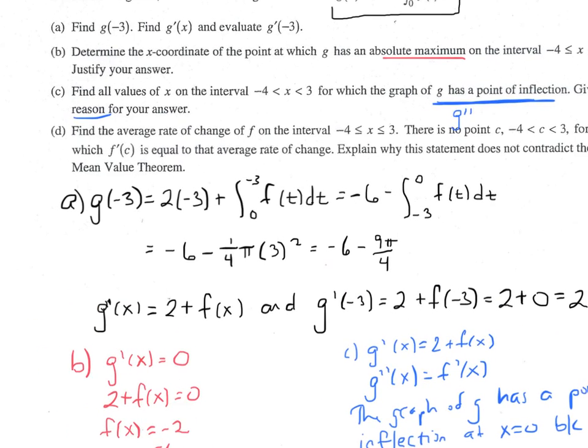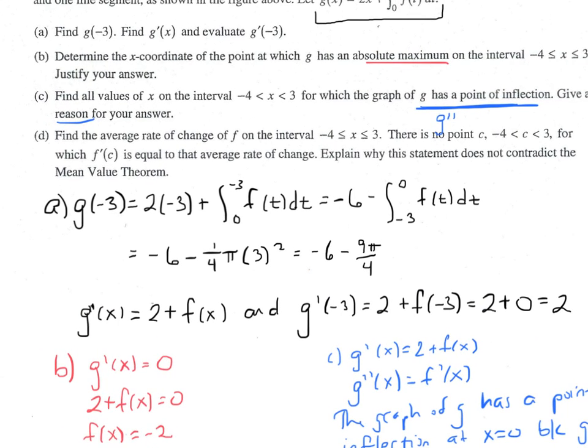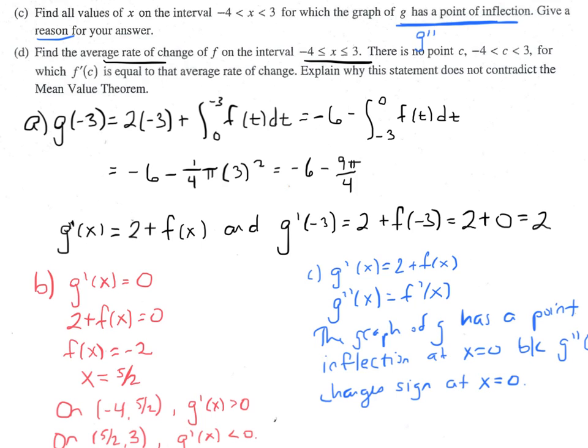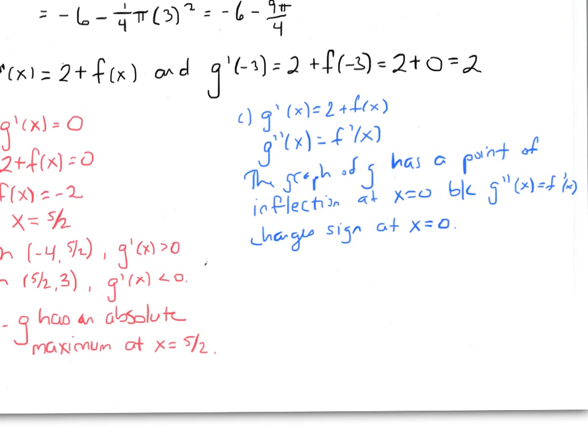Okay, one more part, part D. Find the average rate of change of f on the interval. Okay, so our average rate of change, our interval is -4 to 3. So average rate of change would be f of 3 minus f of -4, over 3 minus -4.